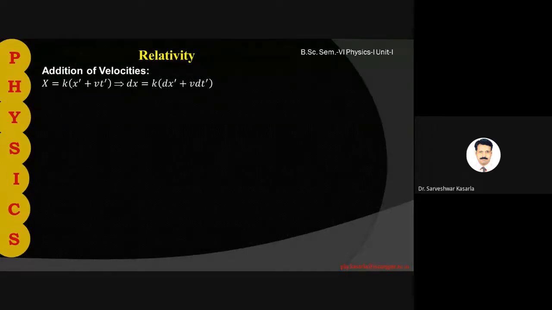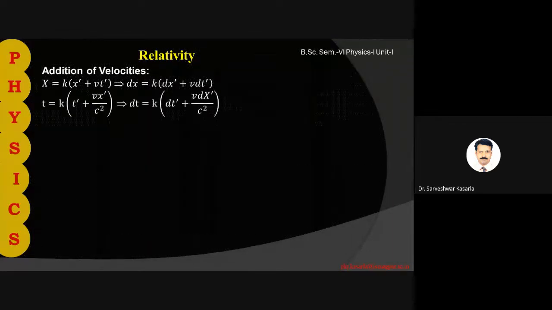That implies dx is equal to k into dx dash plus v dt dash. t is equal to k into t dash plus vx dash upon c square. So that implies dt is equal to k into dt dash plus v into dx dash upon c square.